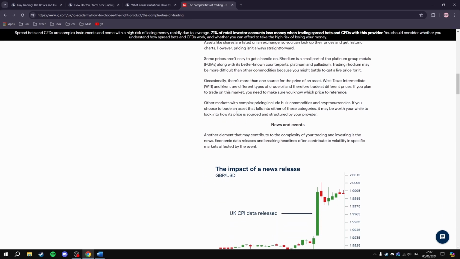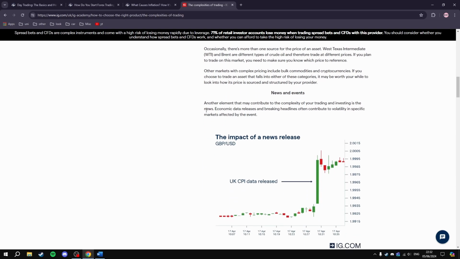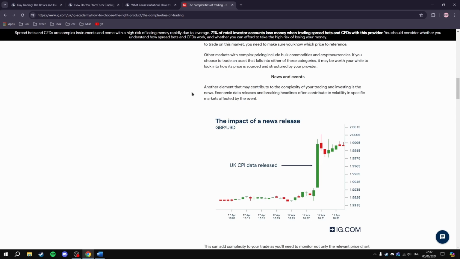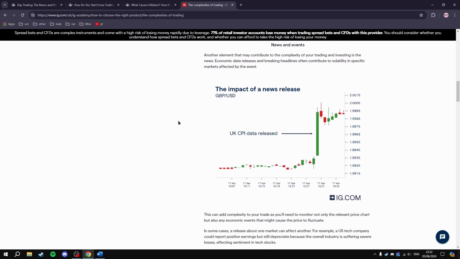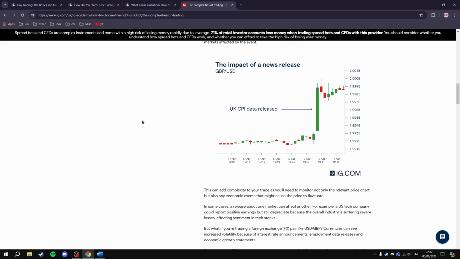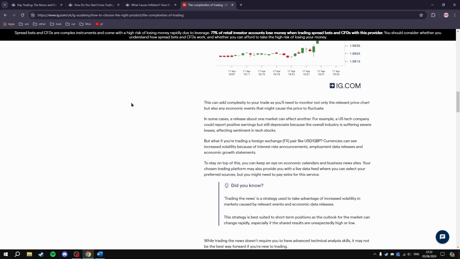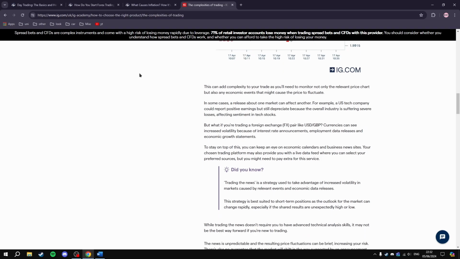We've also got news and events, basically economic data releases and breaking headlines often contribute to volatility in specific markets affected by the event, and as we know, increased volatility could lead to an increase in risk. So you need to monitor not only the relevant price chart, but also any economic events that might cause the price to fluctuate.